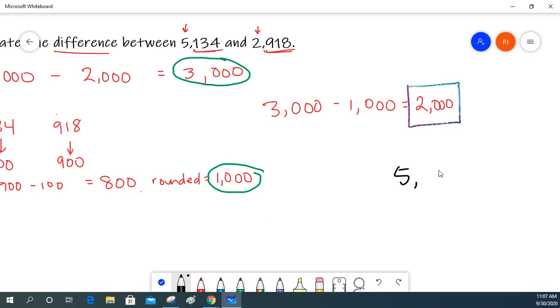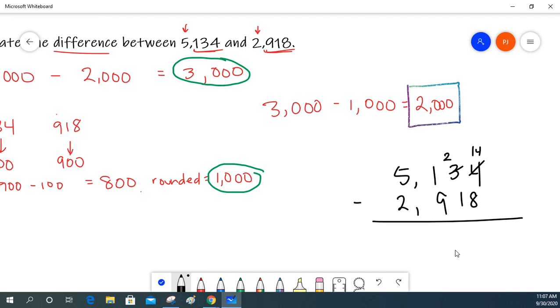So 5,134 minus 2,918. Well, 4 minus 8, golly, I already have to regroup. So I'm going to borrow a 10 and bring it over here. So instead, I'm going to say that this is 14 minus 8, 6. 2 minus 1 is 1.